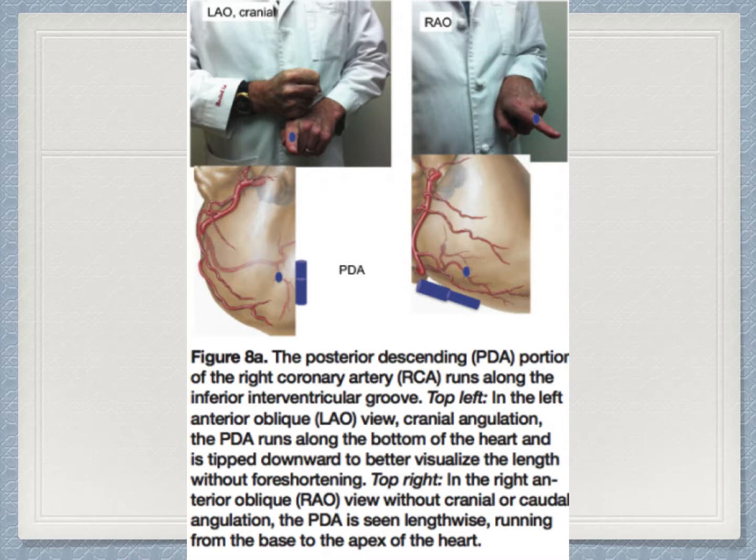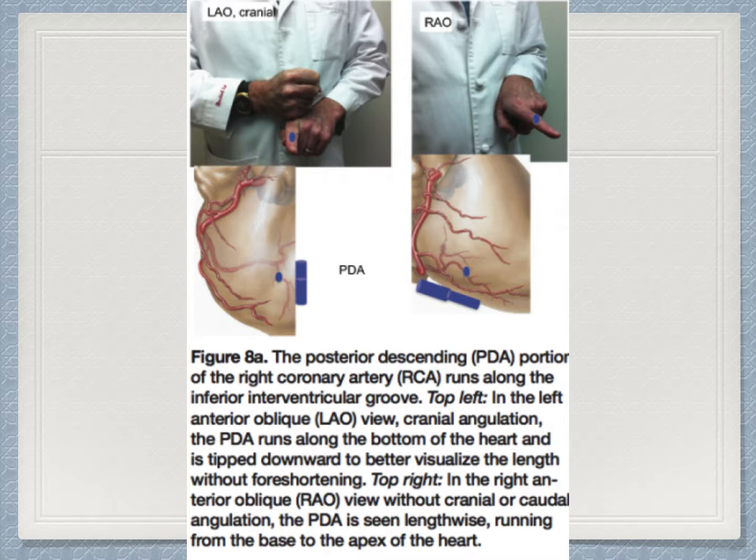For LAO, you will see the right coronary as a C. For RAO, the right coronary looks like an L. When we see the angiography projections, you'll see it makes sense.